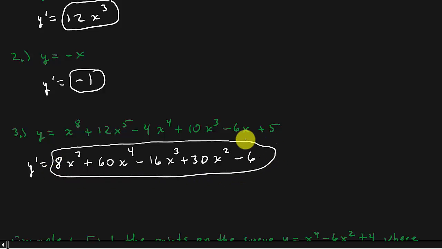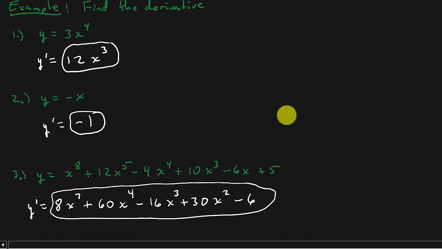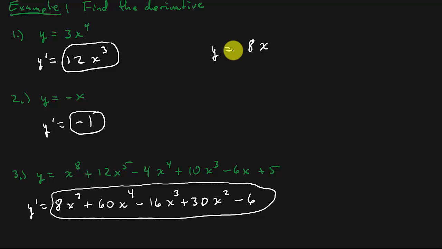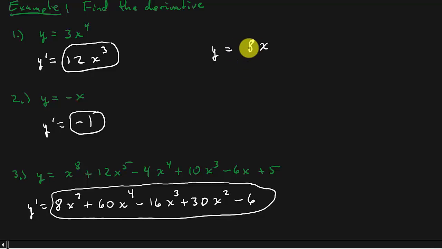What I want to do now is look at this a little more and show you what's going on. You probably already know, but I want to show you anyway. Let's suppose I have something like y equals 8x. Let me show you how it's just the number in front. This is an exponent of 1, right?